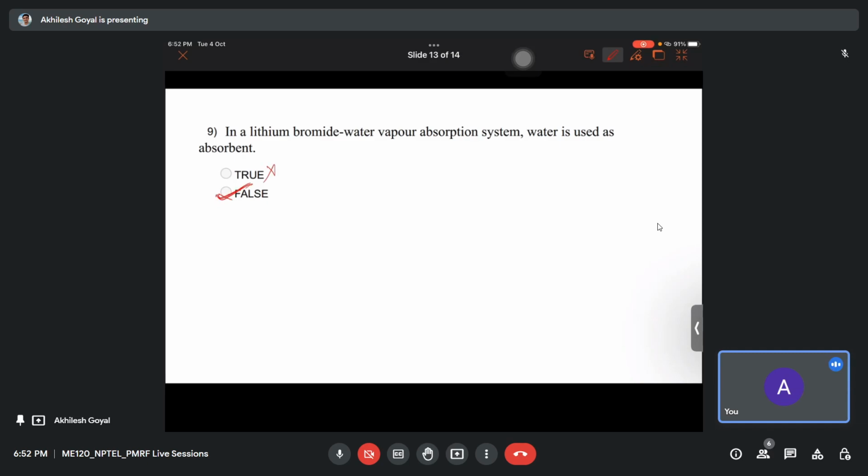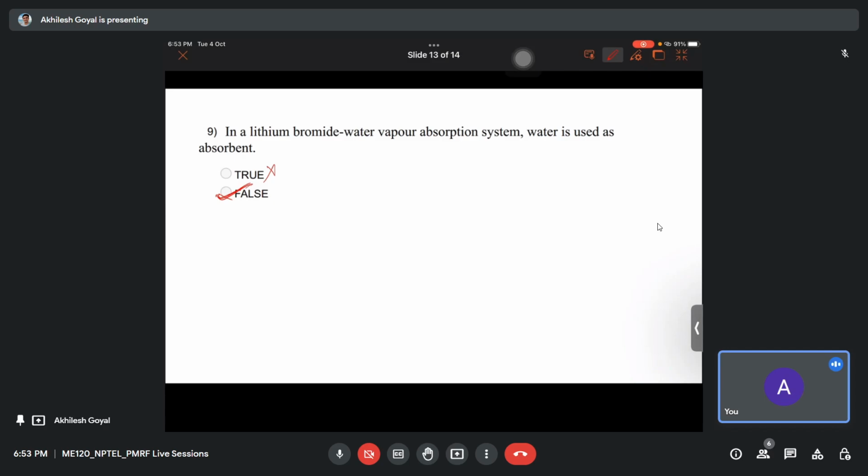So in this case of lithium bromide and water vapor absorption system, water is used as refrigerant and lithium bromide is used as absorbent. And this is the reason that this lithium bromide water system can be used for air conditioning only, that cannot be used for refrigeration purpose, because the water has a limitation that it cannot be cooled below 0 degree centigrade, right? So that's what we discussed in the third fourth slide.